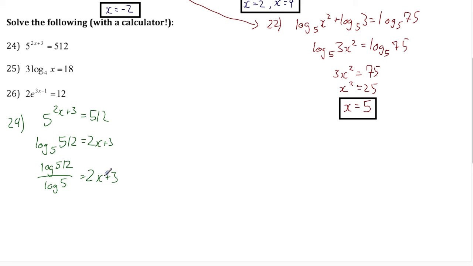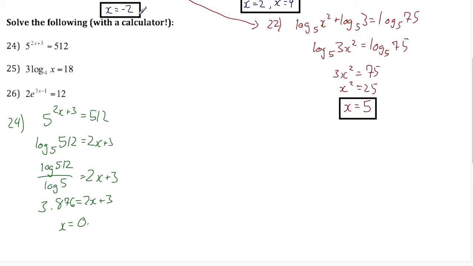If we put that into a calculator, we get log of 512 divided by log of 5. My calculator shows that that's 3.876 equals 2x plus 3. And then, of course, we subtract 3 and divide by 2 to get that x is equal to 0.4.